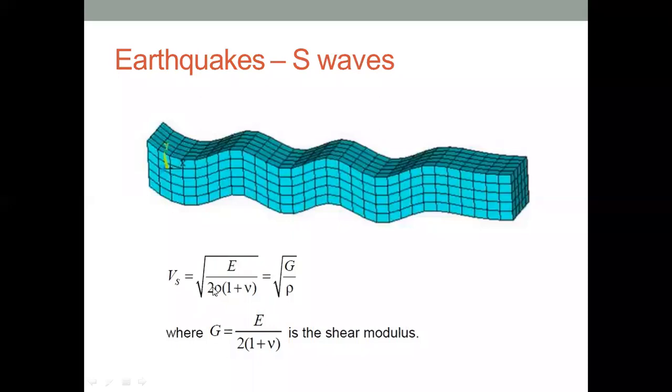We know that E divided by 2 into (1 plus nu) is called G, the shear modulus of the soil material. This is the relation between E, G and nu that you would have studied in strength of materials or solid mechanics. If you know the elastic modulus, density and Poisson ratio of the soil material, you can find out the shear wave velocity of the soil medium.